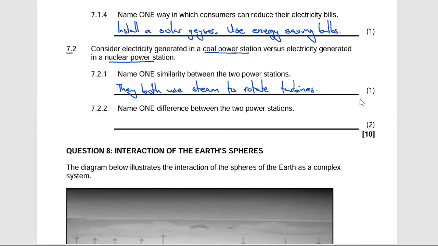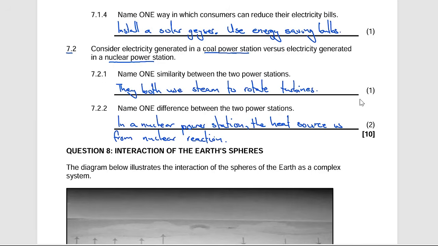So I can state that in a nuclear power station, the heat source is from nuclear reaction. Nuclear reaction. Okay, that's one difference there, right?